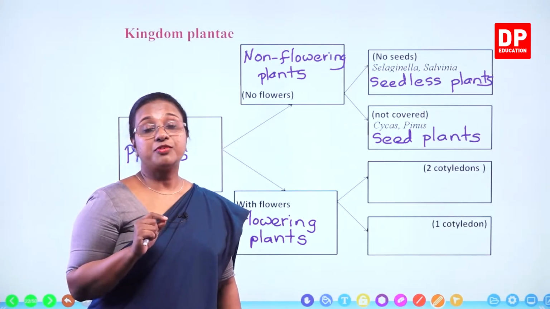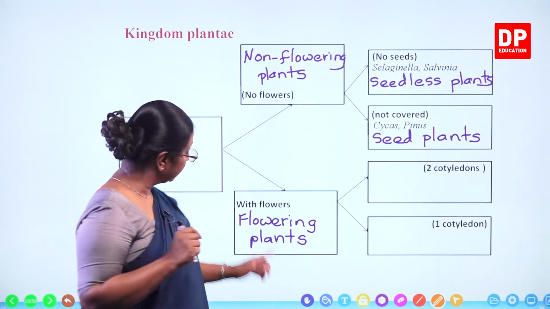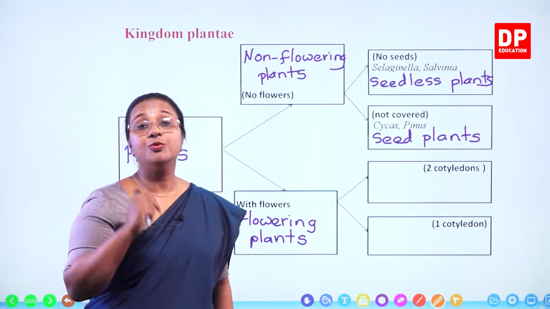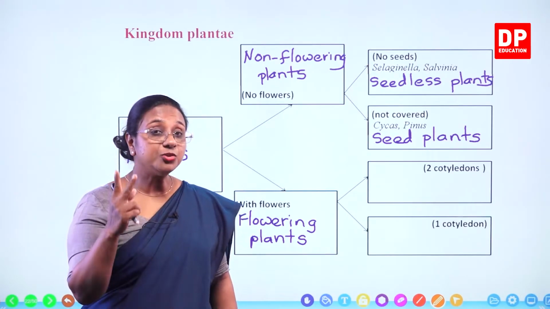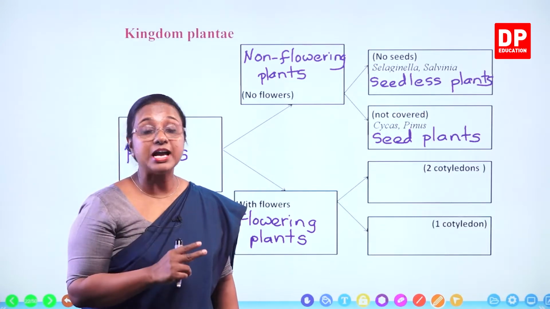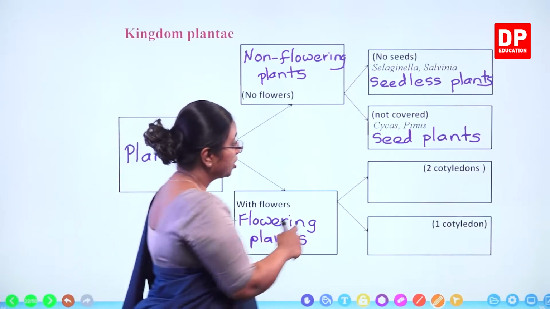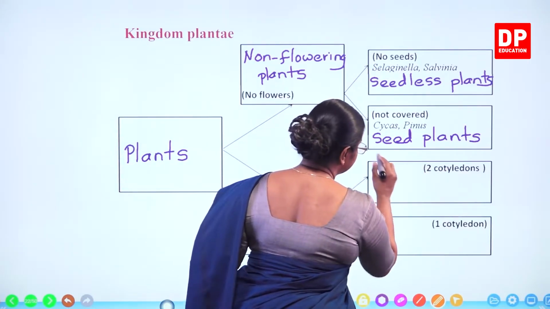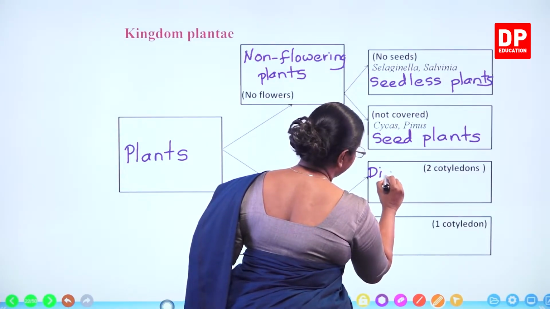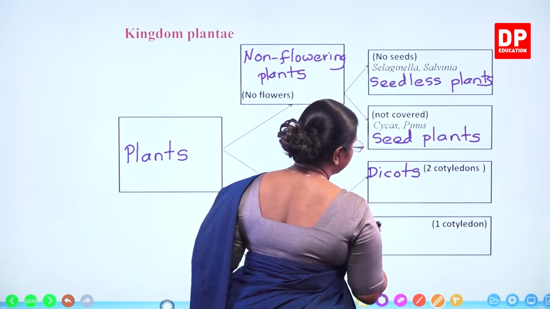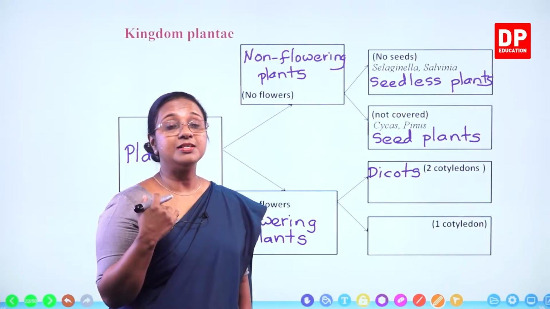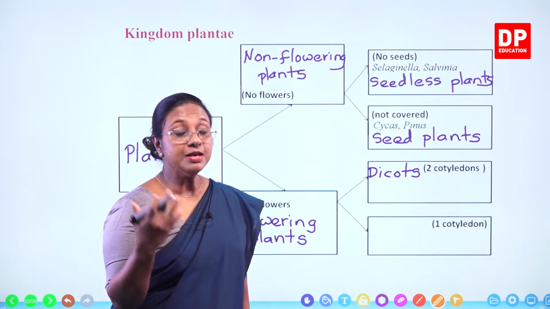Based on the number of cotyledon, we can divide the flowering plants into 2 main types. When there are 2 cotyledons, we call them dicots. If there is 1 cotyledon, they are known as monocots. So if they have 2 cotyledons, they are known as dicots. Dicots or dicotyledonous plants or dicotyledonate plants.